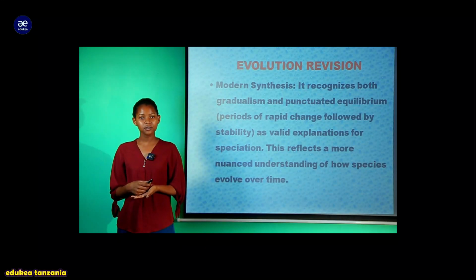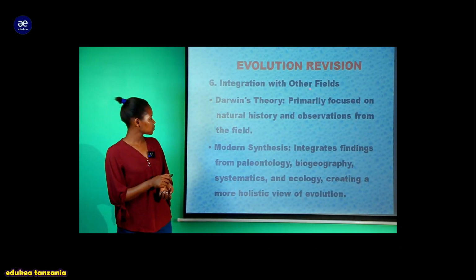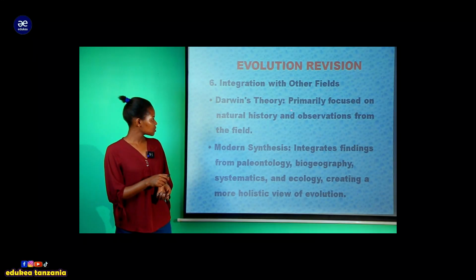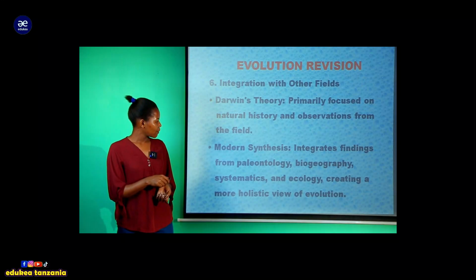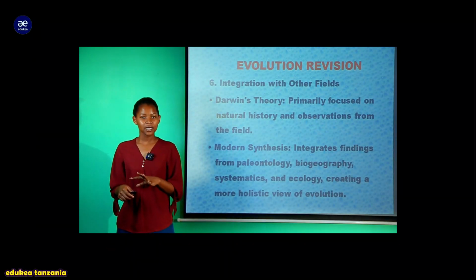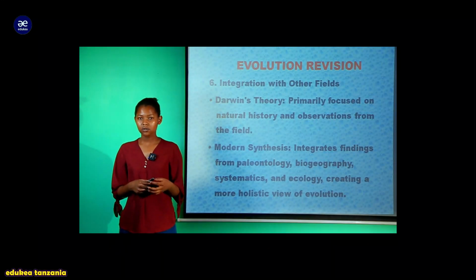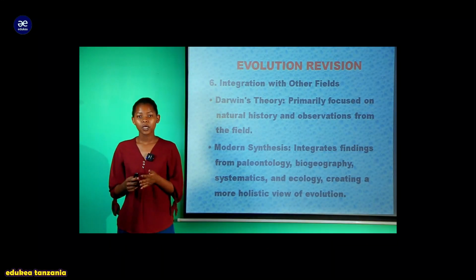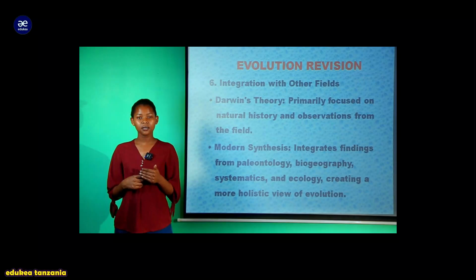Also, there is integration with other fields. Darwinian theory primarily focused on natural history and observation from the field, but modern synthesis integrates findings from paleontology, biogeography, systematics, and ecology, creating a more holistic view of evolution. If you look at Darwin, he considered only paleontology, but modern synthesis theory looked at various other fields to explain evolution better.